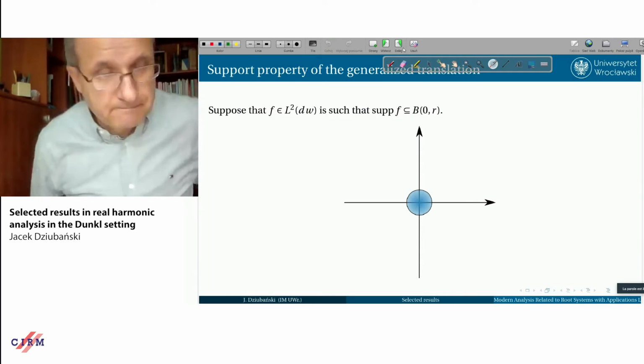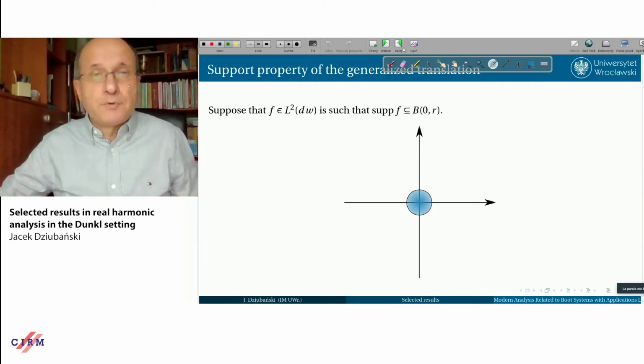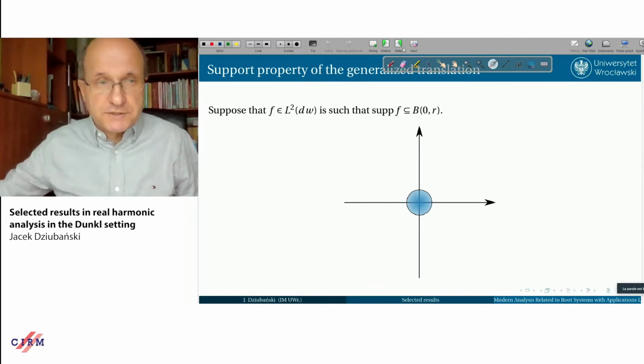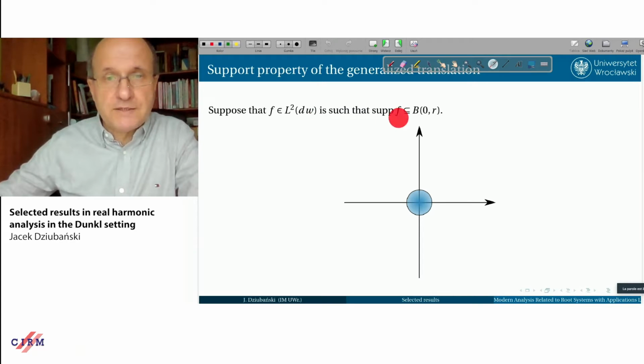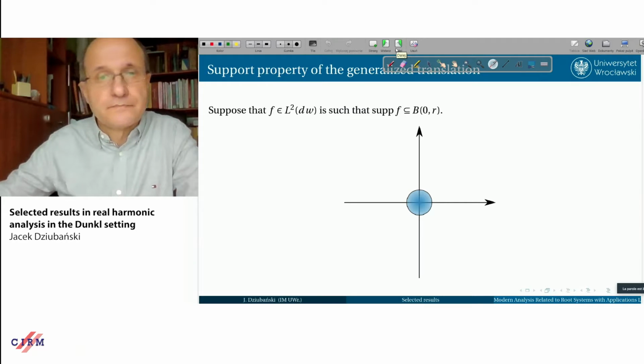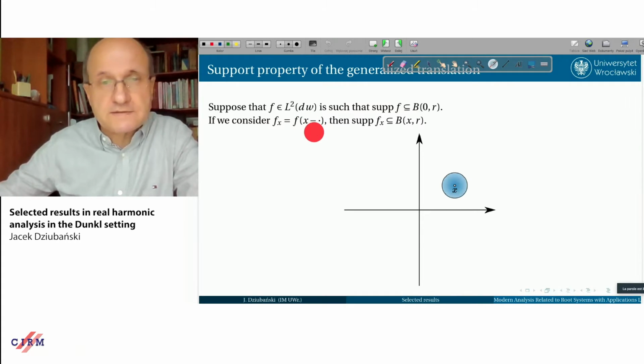So the first theorem in this direction is to study the support property of generalized translation. If we have an L2 function which is supported by the ball centered at 0 and radius r, then its classical Euclidean translation is supported by the ball centered at x and radius r.